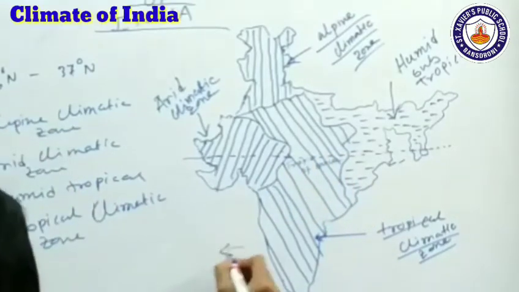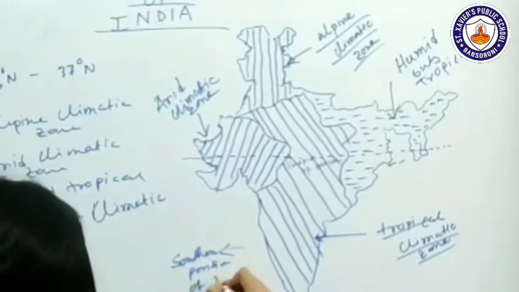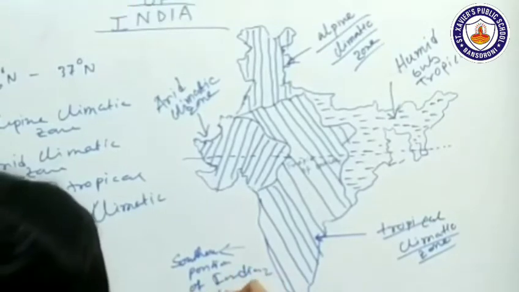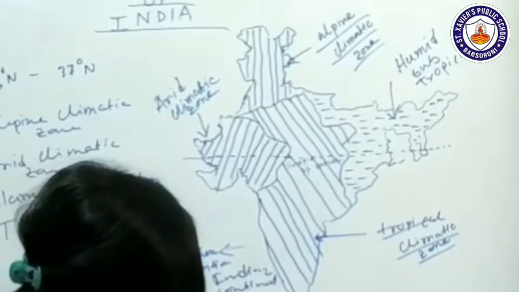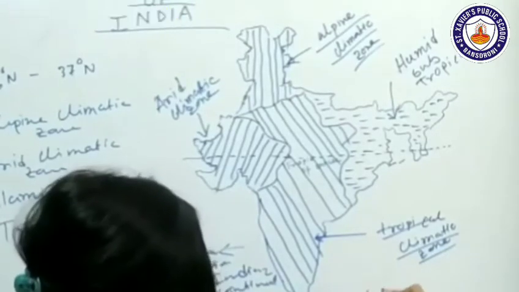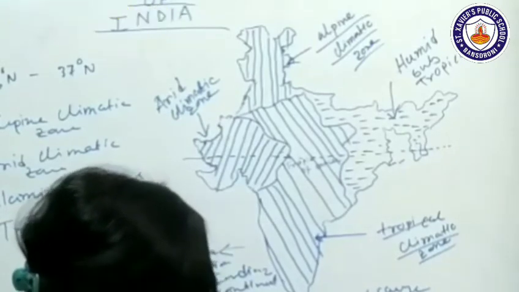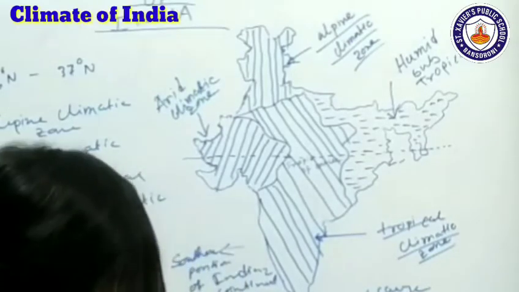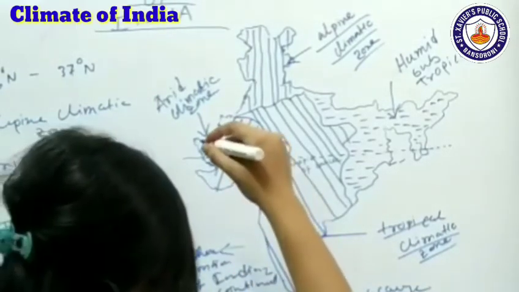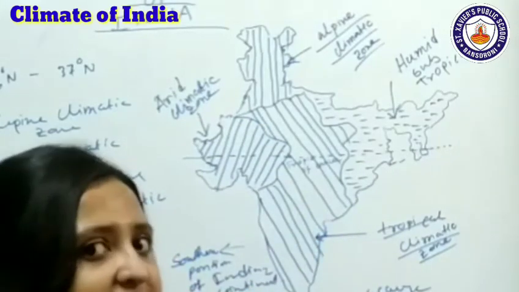Why does it experience a hot climate? Because the sun rays fall directly on that portion, so this portion mainly experiences the hot climate, right?